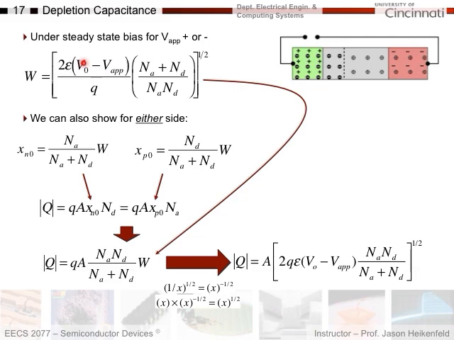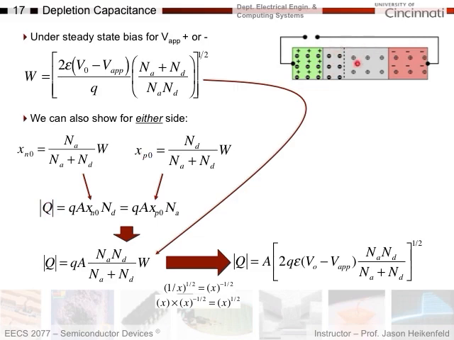Now, remember, we could show for either side these relationships in a previous lecture, where this is the distance of depletion into the N side, distance of depletion into the P side. And we could basically rework things around using this equation, which was the charge on either side is equal, right?